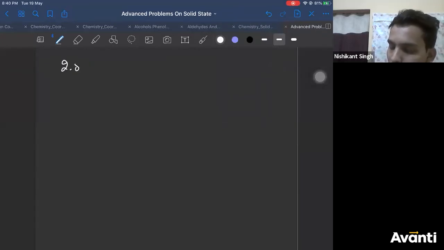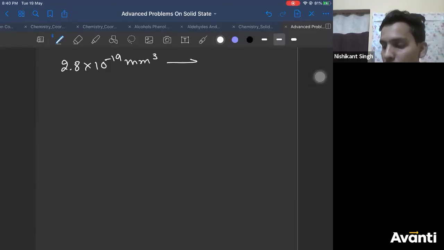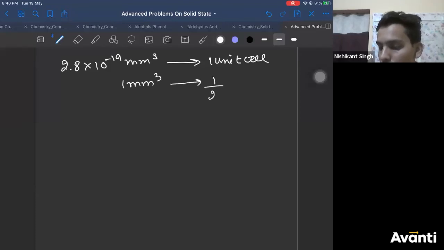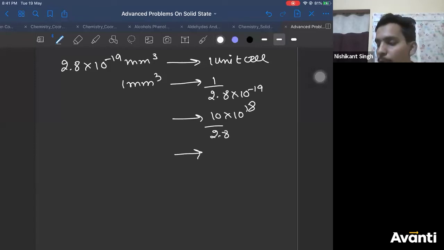2.8 into 10 power minus 19 millimeter cube is 1 unit cell. That means how many unit cells are there in 1 millimeter cube? 1 by 2.8 into 10 power minus 19. It will be written as 10 into 10 power 18 by 2.8. If you take a cross calculation, if it was 3, it will be 3.33.